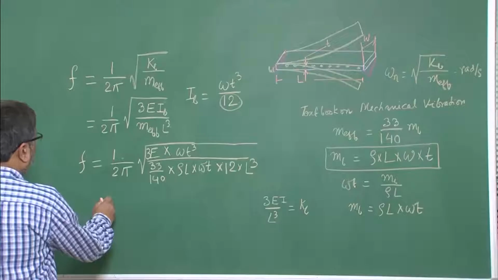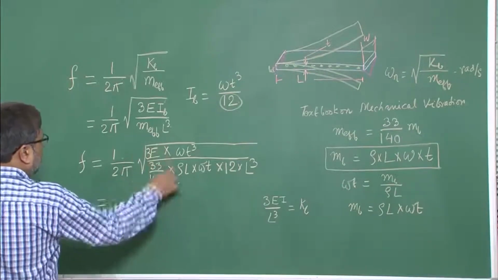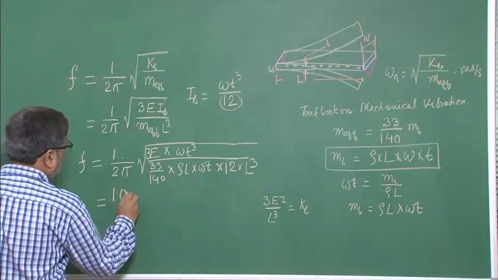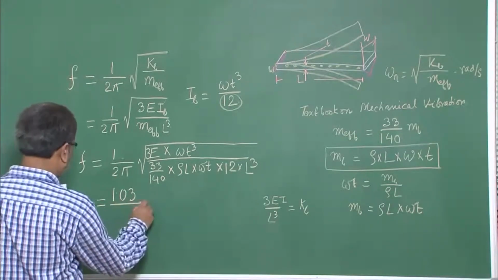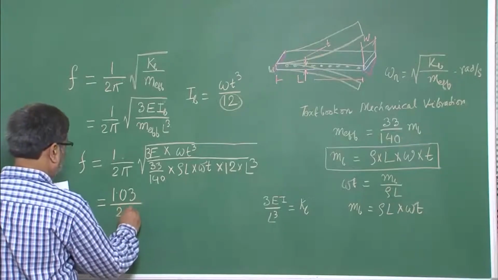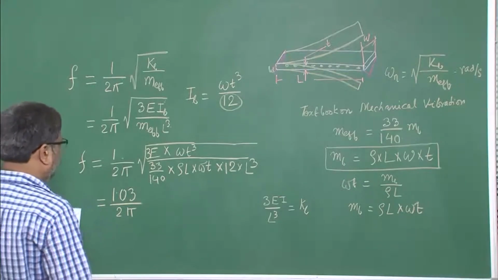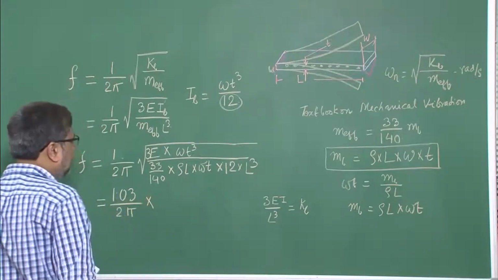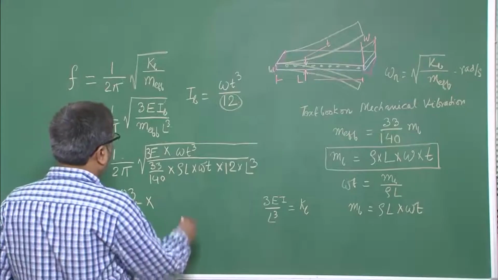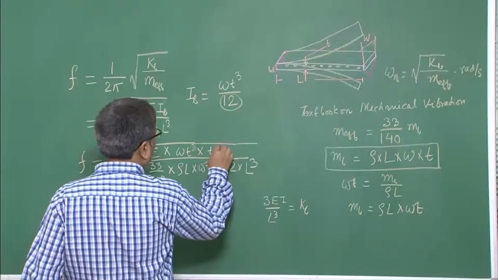Okay, great. Now, as has already been solved, this is coming out to be 1.03 over 2 pi. This has been solved already by our TA, and multiplied by, let us look at this part very carefully. I can write this WT cube as WT times T square.